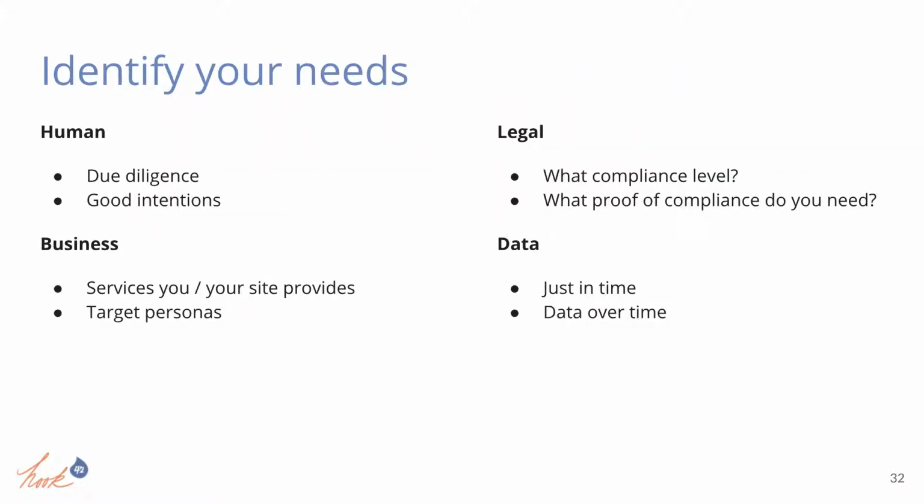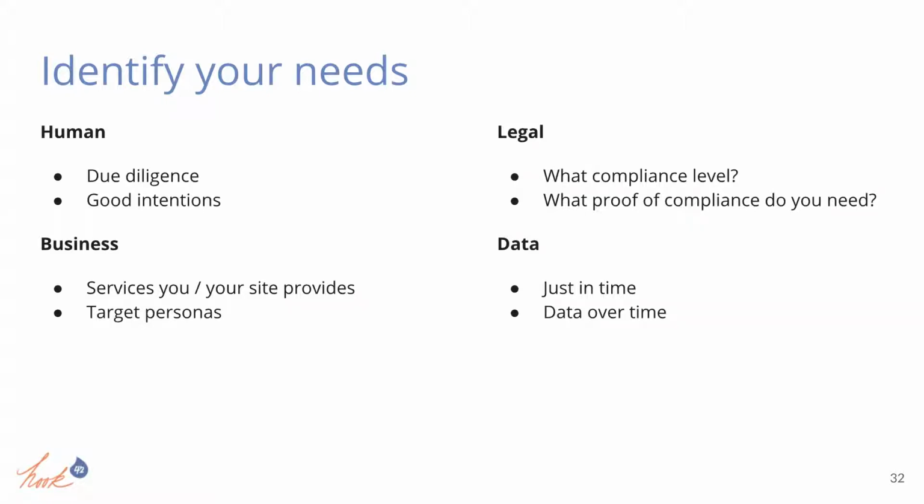So I'm going to get through this faster. First of all, as you are getting into your tools, you want to really identify your needs. If you are a developer and you don't have to do accessibility because no one's telling you, but you are human and you want to have good intentions, that's one of the things you have to consider: where am I coming from? Or if you want to do due diligence, to do the right thing.